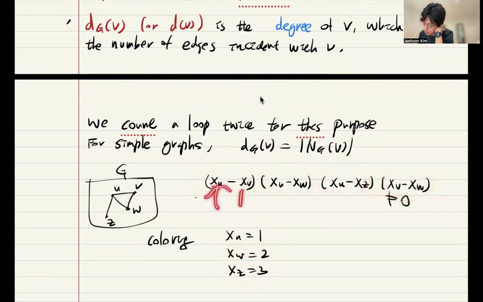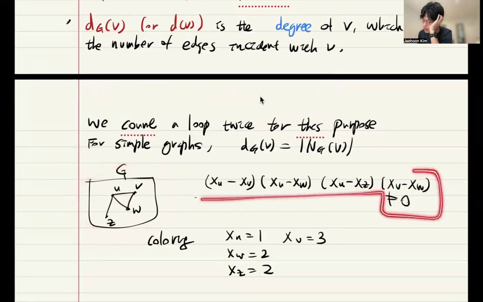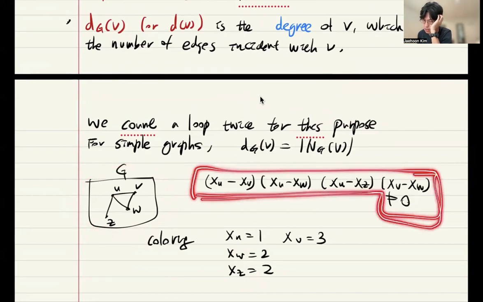That means all adjacent pairs get different values, though non-adjacent ones may be assigned the same value. So this is the same as graph coloring, and you can tackle graph coloring by studying this polynomial.